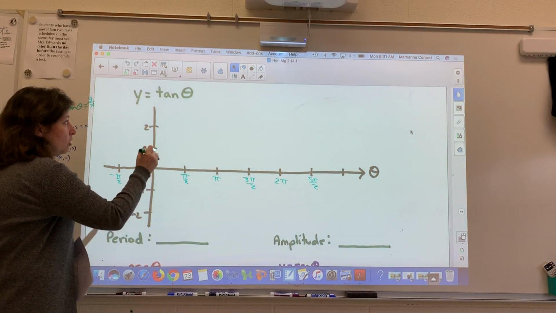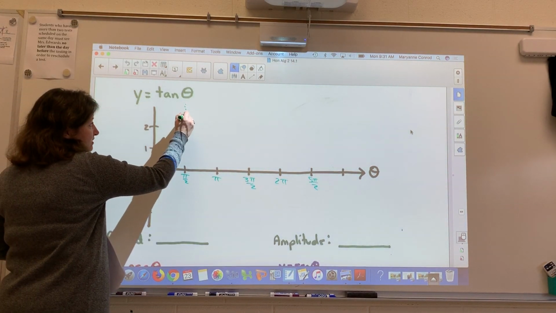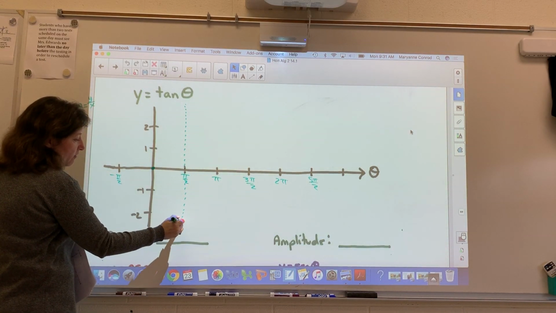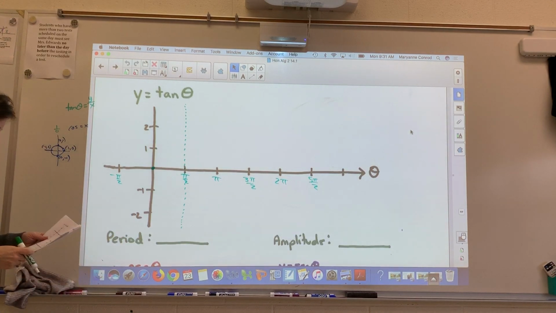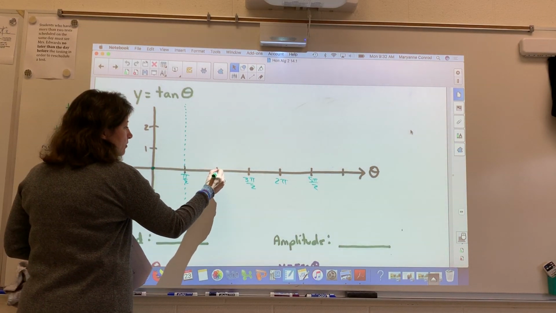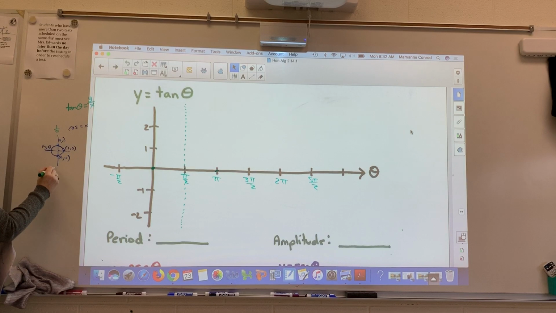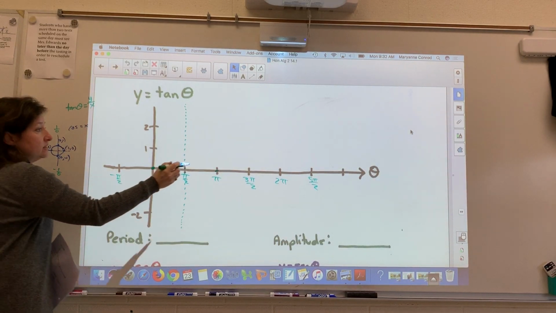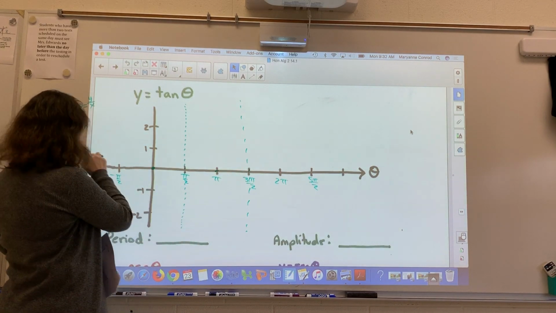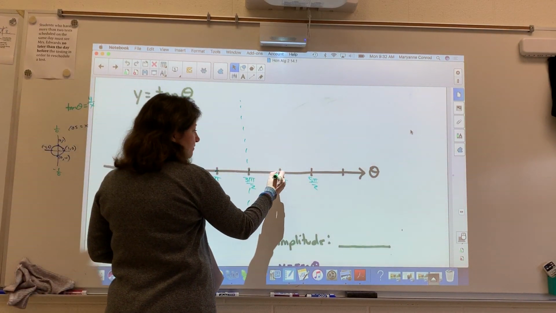We can have what's called a vertical asymptote. We've seen vertical asymptotes before where the denominator was 0. So that would be a vertical asymptote at pi over 2. At pi, tangent of pi would be 0 over -1, which is 0. At 3 pi over 2, it would be -1 over 0, which is undefined. 2 pi would be back around the circle where it's 0.